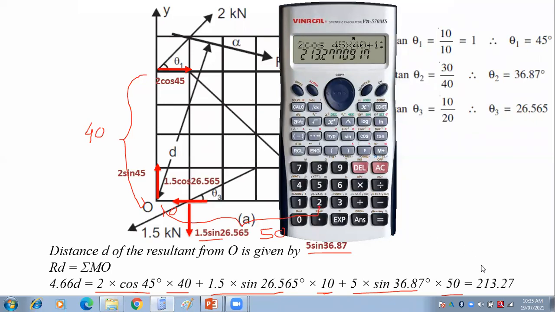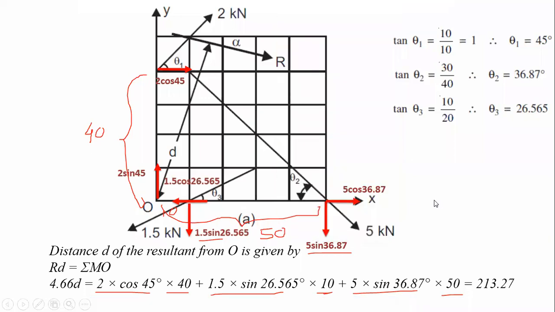If you solve this, you'll be getting 213.27. Now this value divided by 4.66, what you'll be getting is the D value, and D is nothing but this perpendicular distance. Now if you solve this, D is 45.76 millimeter as shown in the figure.